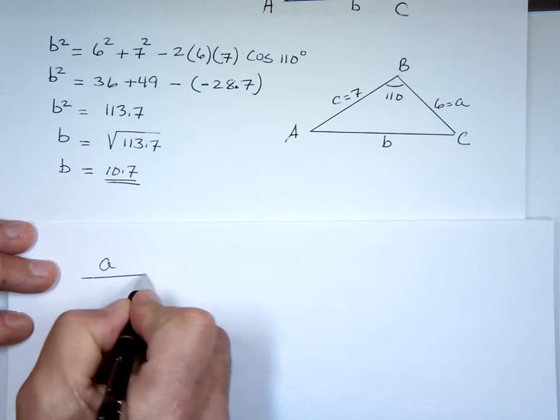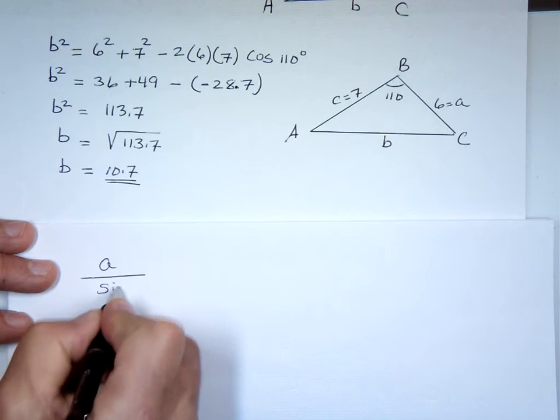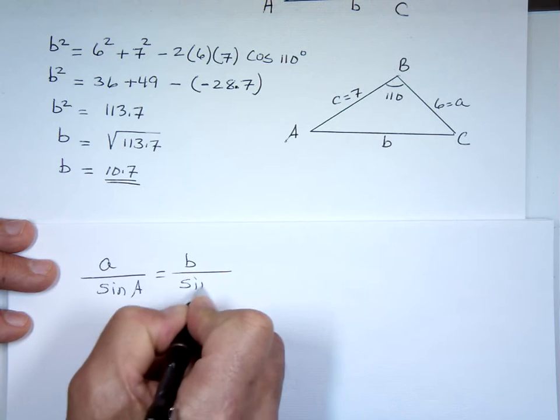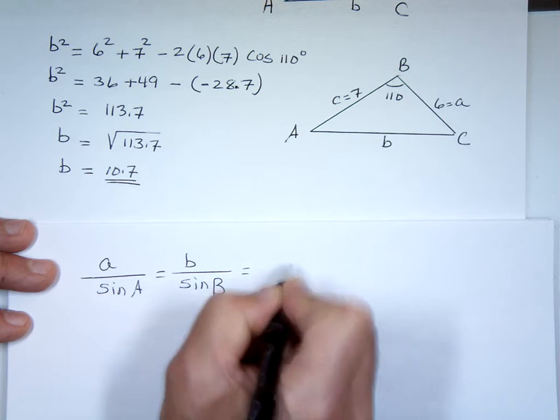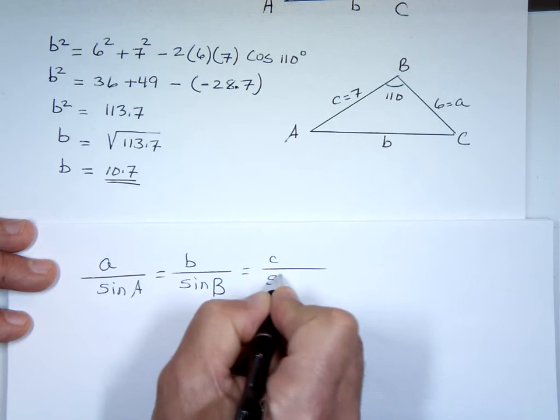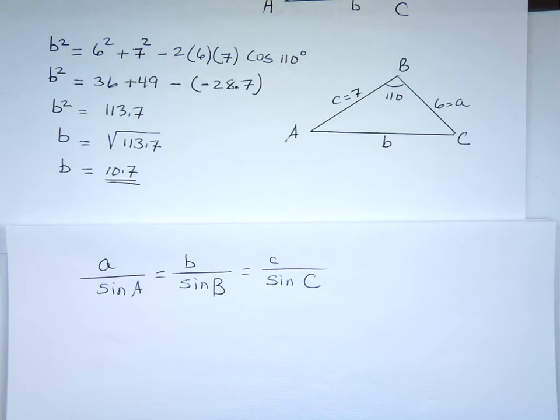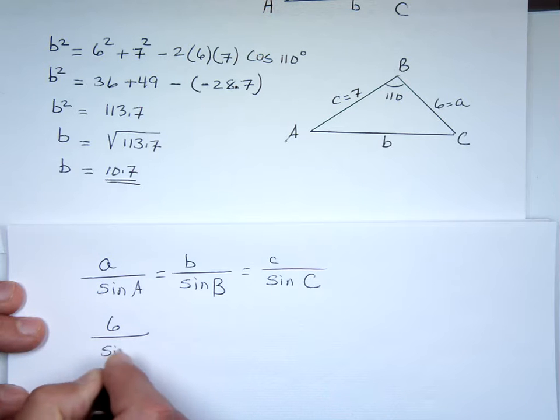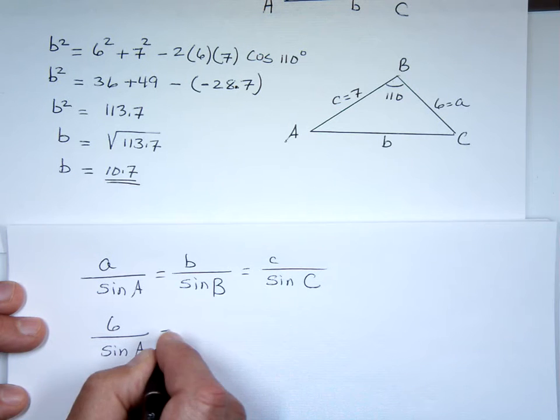A over sine of A equals B over sine of B, which equals C over sine of C. Do I know what A is? 6. Sine A is unknown. Do I know what B is?